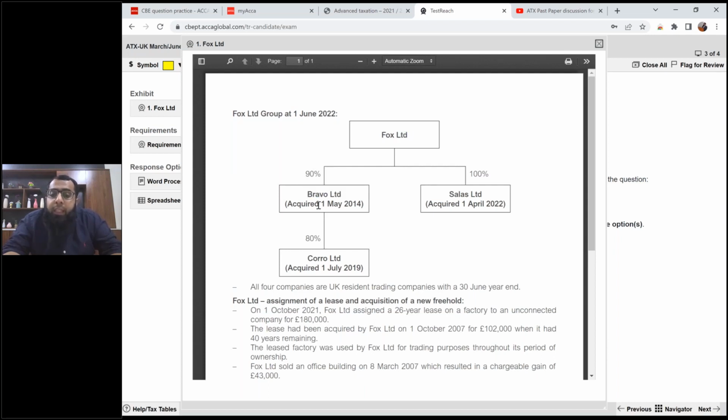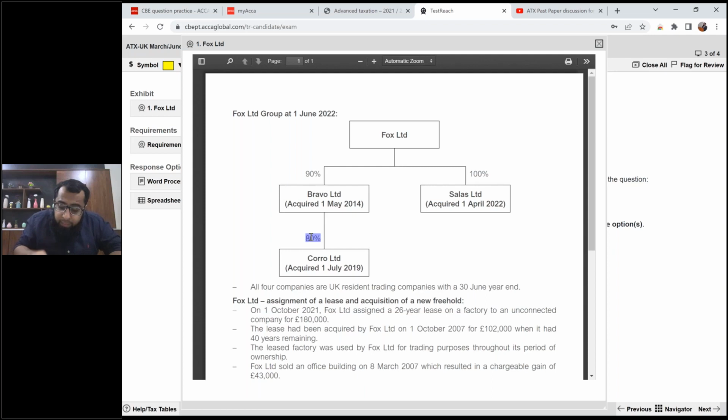It acquired it on 1st May 2014. 100% shares in Salis Limited, acquired on 1st April 2022. And then 80% shares in Coro Limited, acquired on 1st July 2019. So if I look at the group structure, direct holding 90, direct holding 100, direct holding 80.